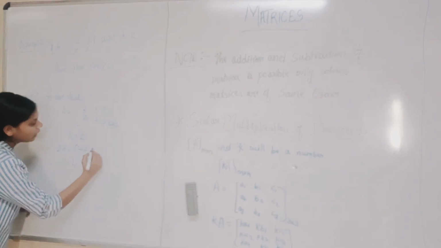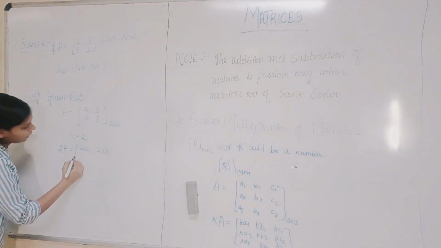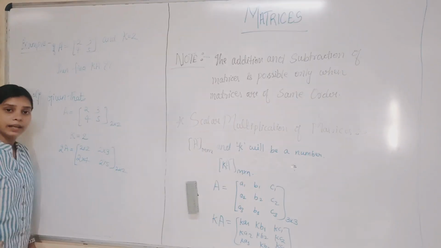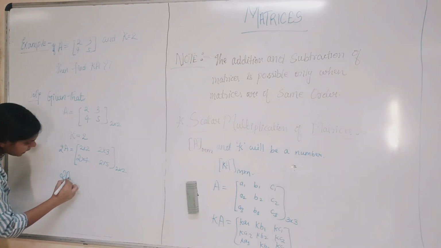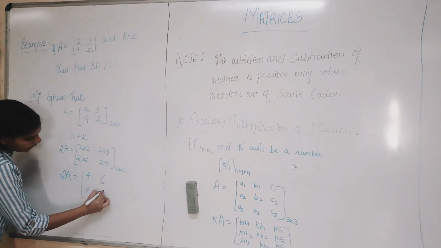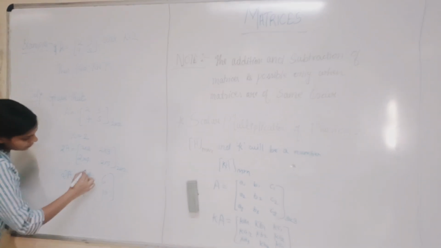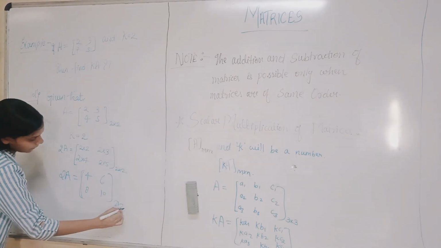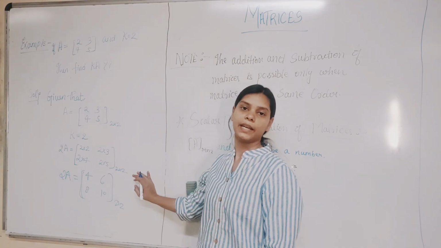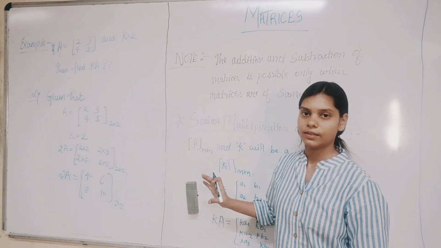So 2 into 2, 2 into 3, 2 into 4 and 2 into 5. Isn't it? Now 2A is equal to 4, 6, 8, 10, and this is called the scalar multiplication of matrices. Right?